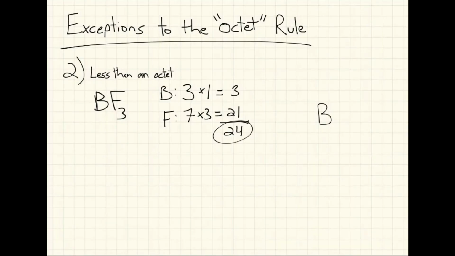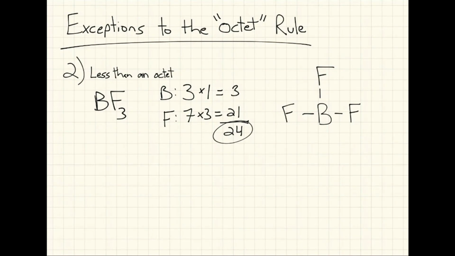We know that boron is going to have to be our central atom. That's essentially not negotiable. And if we attach our fluorine atoms to it, I'm just going to attach them like this. Again, there's no rhyme or reason in terms of precisely where I'm placing them, but I'm attaching the 3 of them like so.